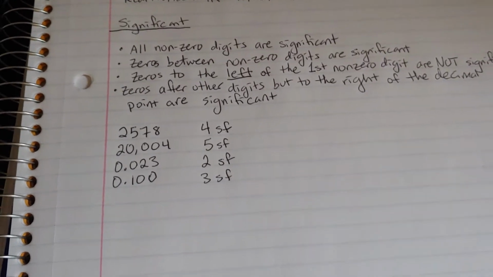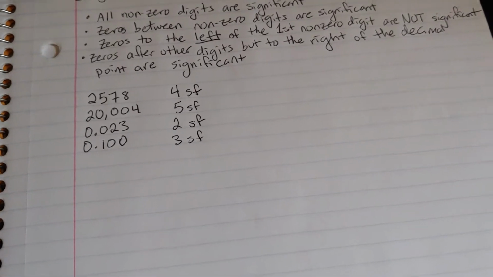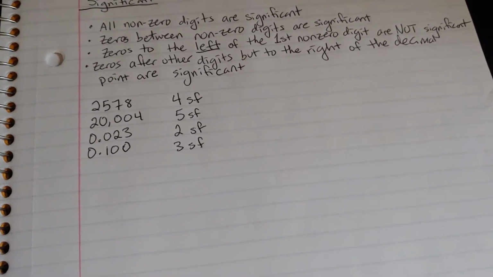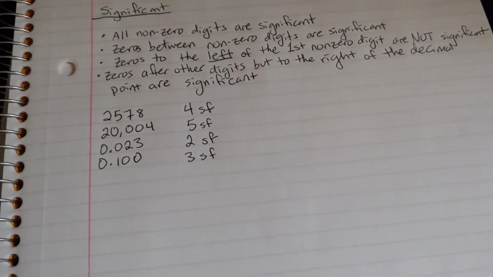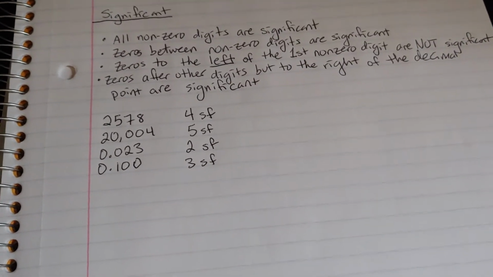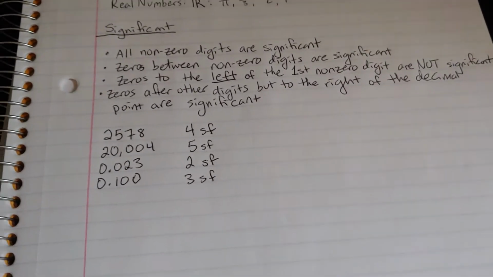So, when we change the number of sig figs that something has, we are rounding, we are estimating, we're changing things. So let's take a look at what would happen if we were to change the number of sig figs.